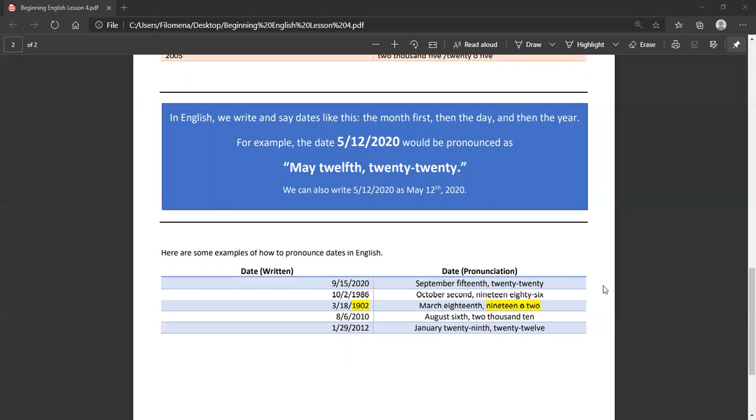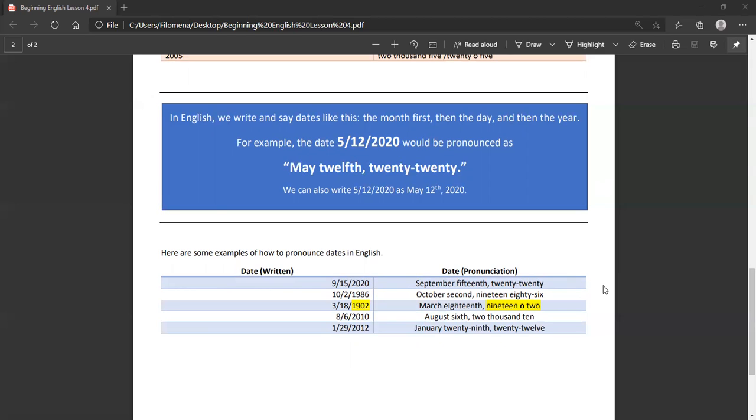Say them with me. If I have 9/15/2020, how would I say that? 9th month is September, so it's September 15th, 2020. Or I could say September fifteenth, twenty twenty. 10/2/1986.